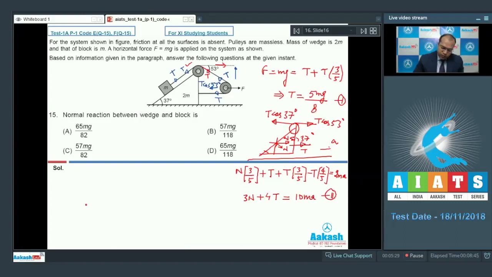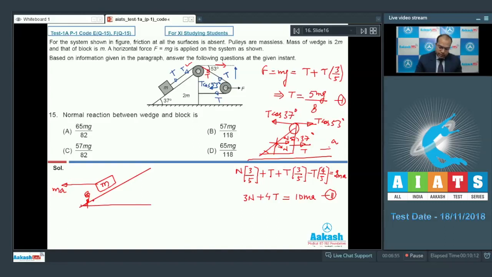Similarly, if I write the equation for the block of mass m with respect to this wedge frame, then I have to apply a pseudo force on this block m. The pseudo force will act in this direction, m into a.